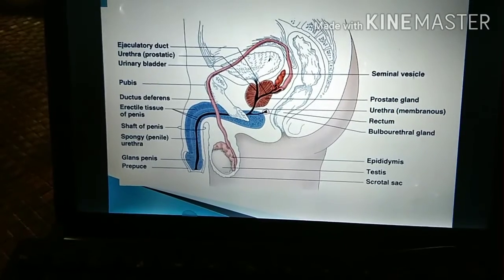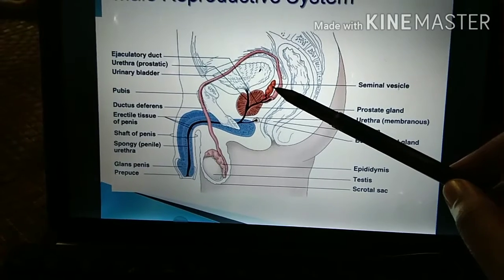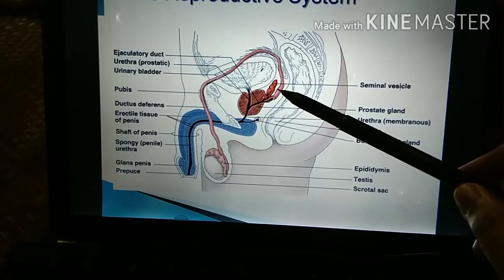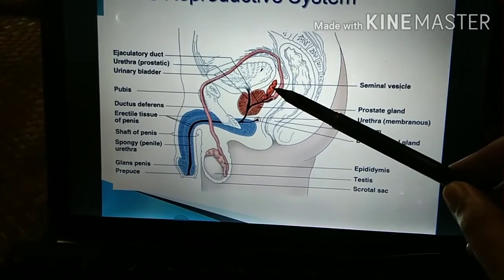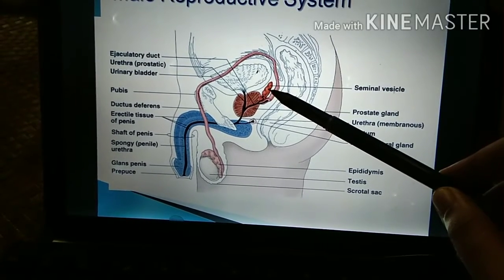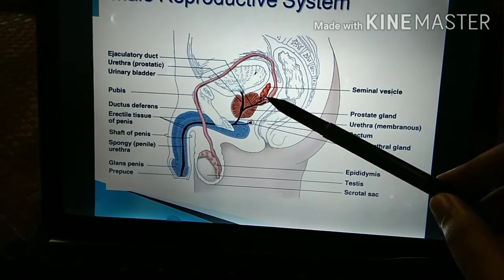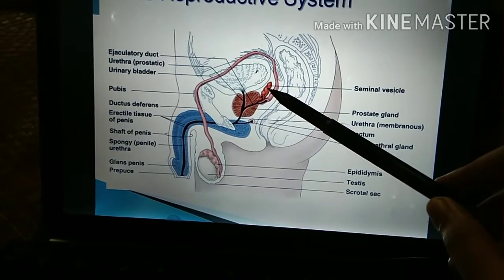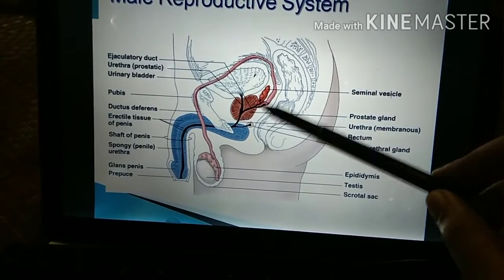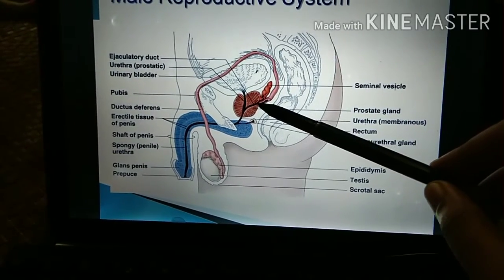The seminal vesicles. The seminal vesicles are sac-like pouches that attach to the vas deferens near the base of the bladder. The seminal vesicles produce a sugar-rich fluid, or fructose, that provides sperm with a source of energy to help them move.